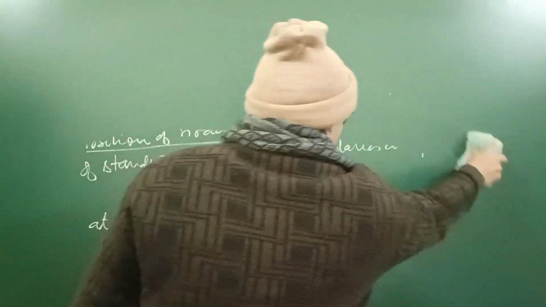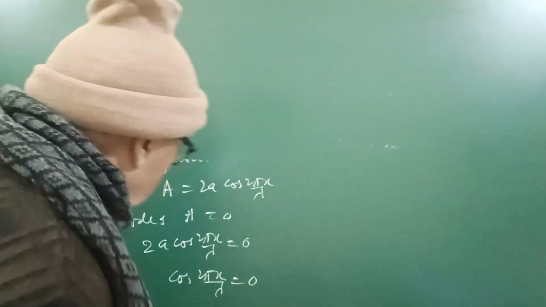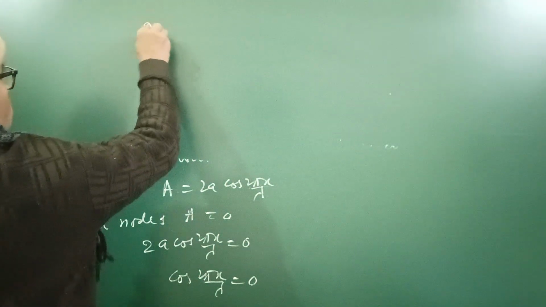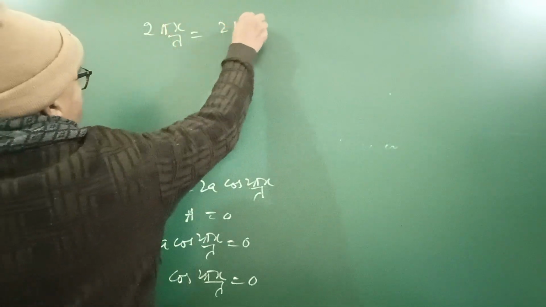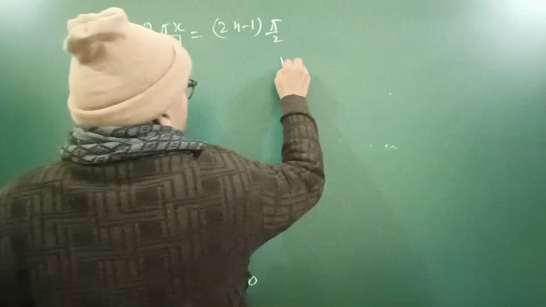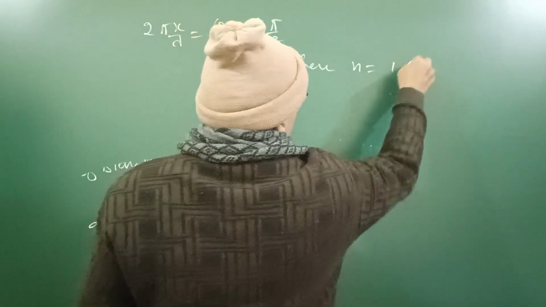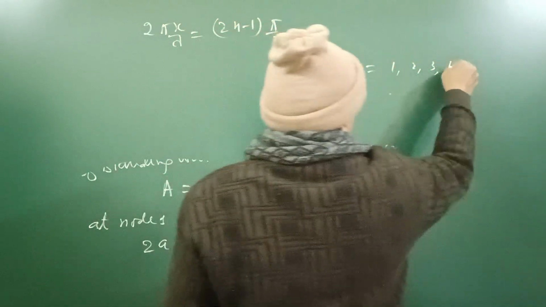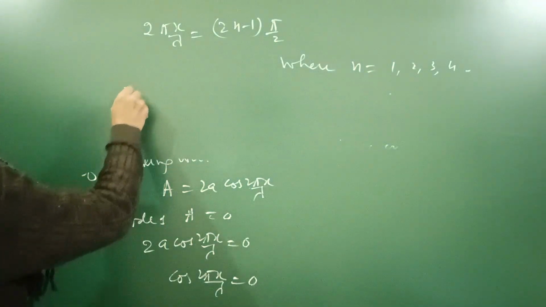If cos theta is 0, then theta, you know, is an odd multiple of pi by 2. Therefore 2 pi x upon lambda equals (2n minus 1) pi by 2, where n equals 1, 2, 3, 4. And hence here we get x. What is x?